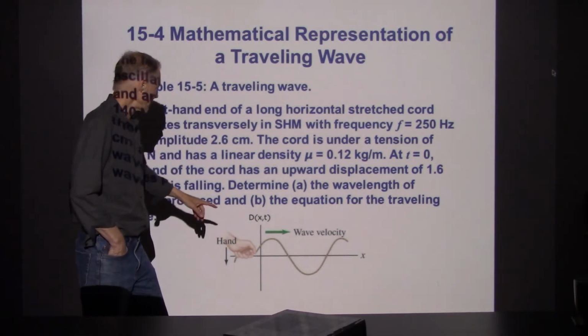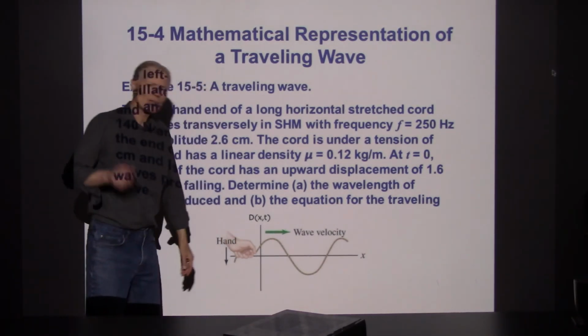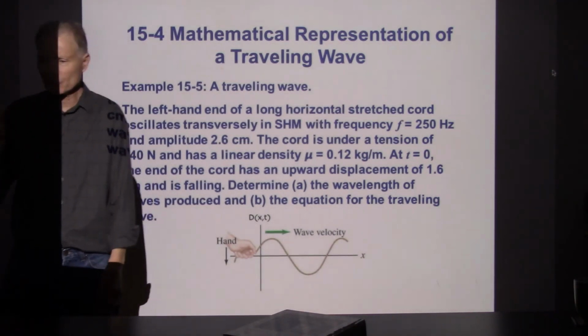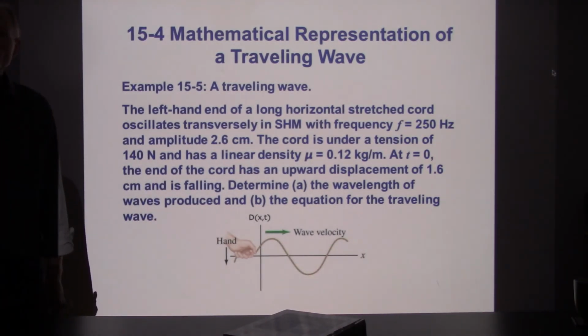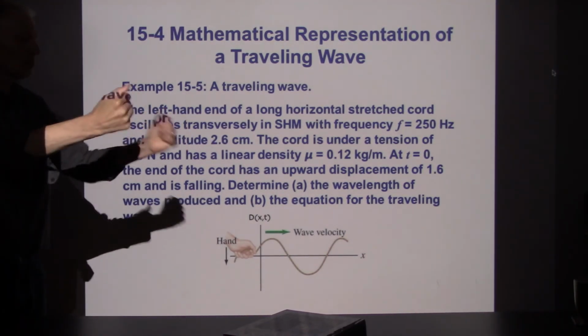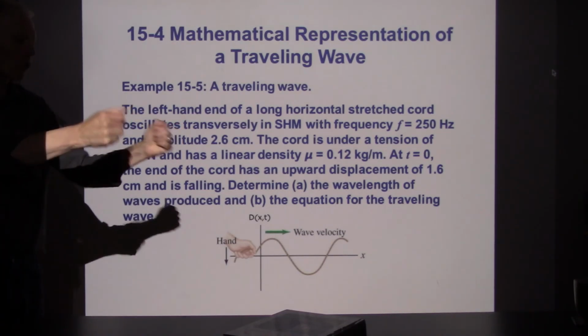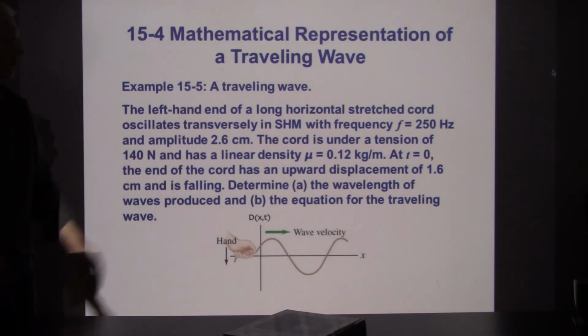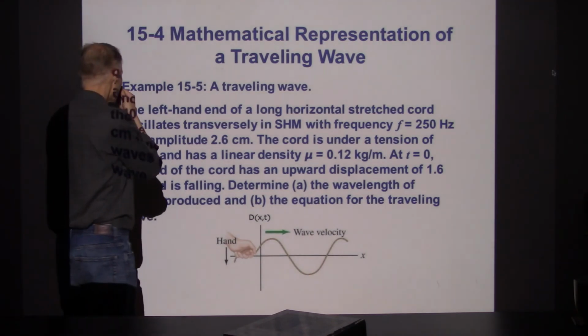So I'm very skeptical now. I just don't think that person is going to be able to create 250 oscillations per second. Let's see. No, I don't think I can shake my hands back and forth 250 times a second. So anyway, that's what they're saying is happening.